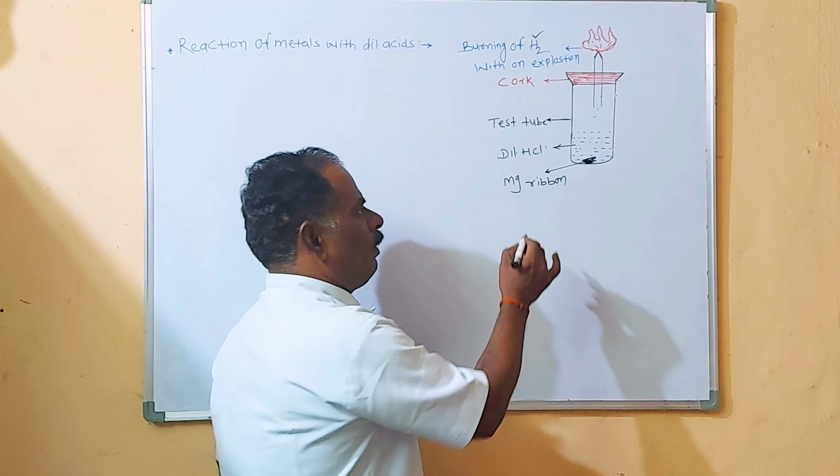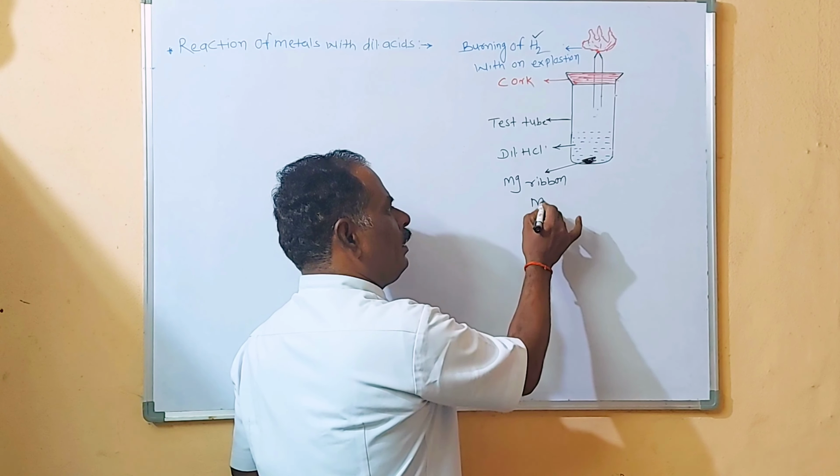You know that magnesium metal is a reactive metal. When it reacts with dilute acid, firstly it forms the basic radical. You know that all cations are basic radicals. First magnesium loses electrons and forms the magnesium divalent ion. That is the basic radical.